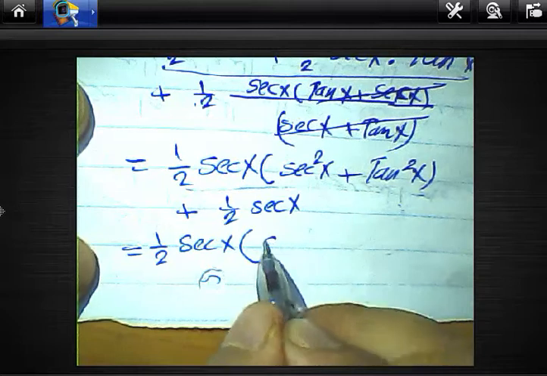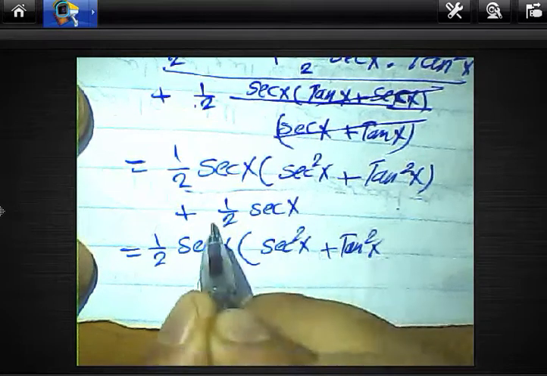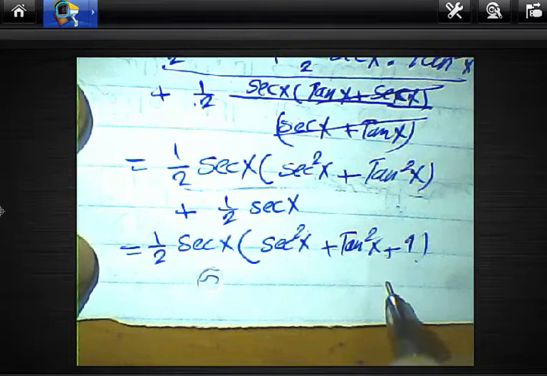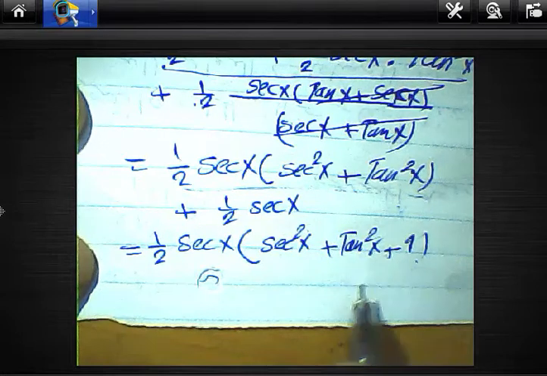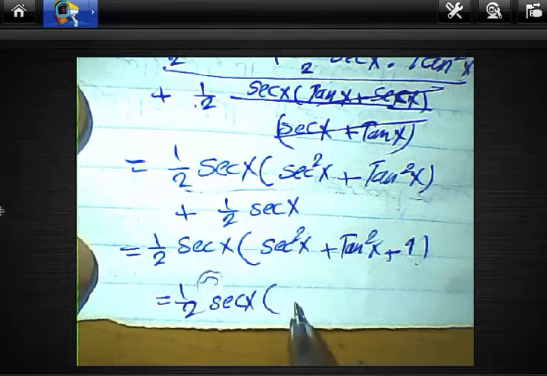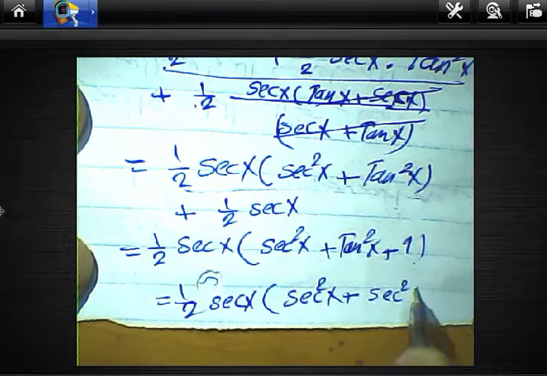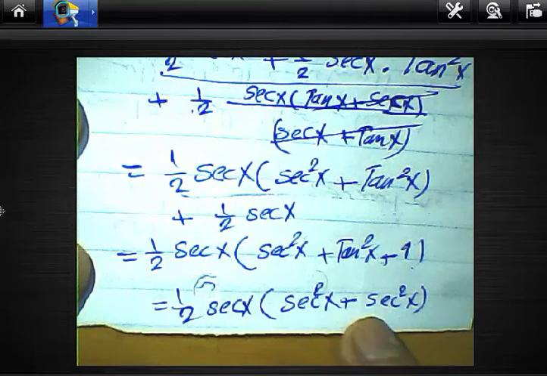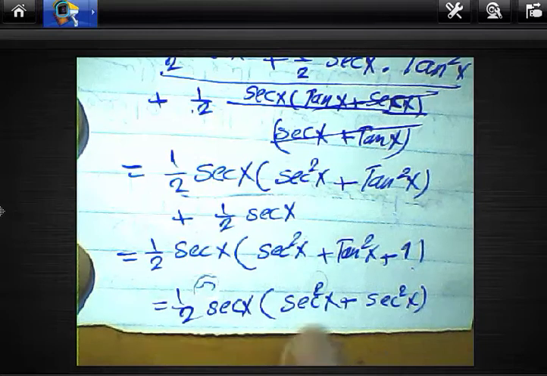The result will be sec power 2 of x plus tan power 2 of x plus 1. So we know this identity: tan power 2 of x plus 1 equals sec power 2 of x. So the result will be half multiplied by sec x multiplied by sec power 2 of x plus sec power 2 of x, and we know sec power 2 x plus sec power 2 x equals 2 sec power 2 x. We can simplify, cancel 2 with 2, so the result will be sec power 3.